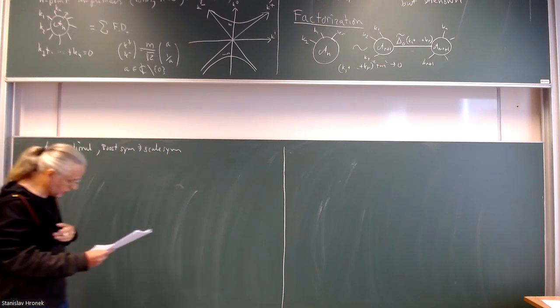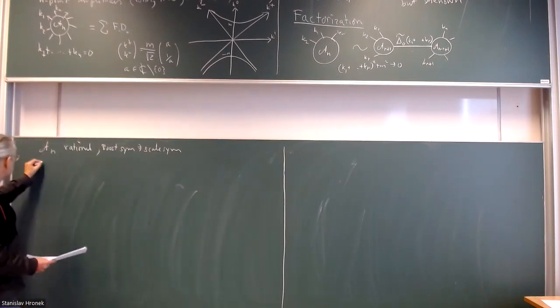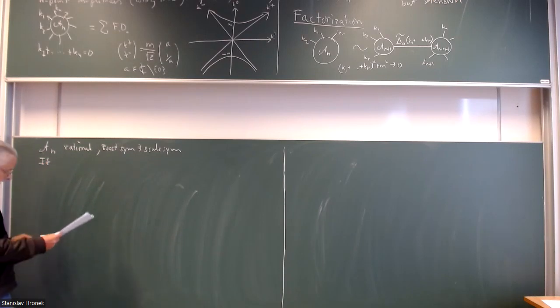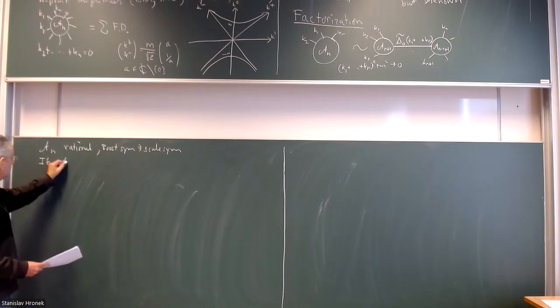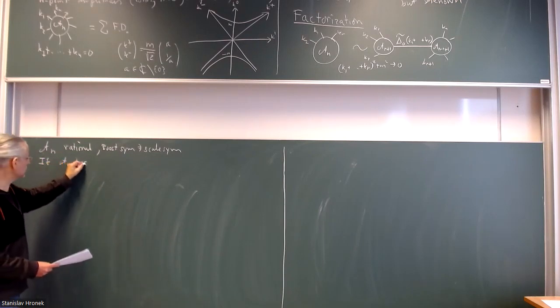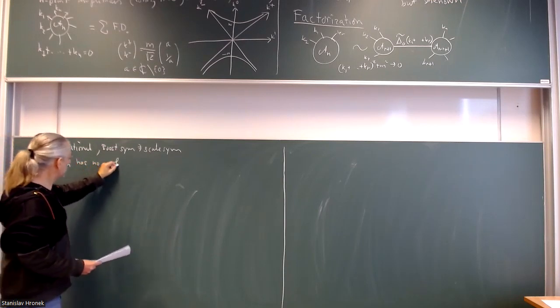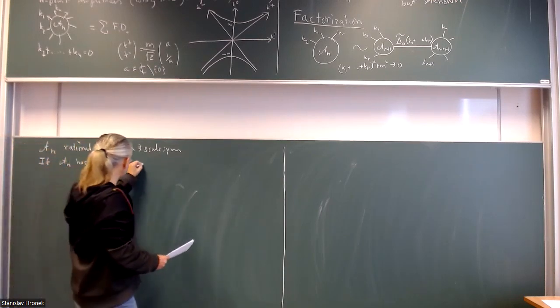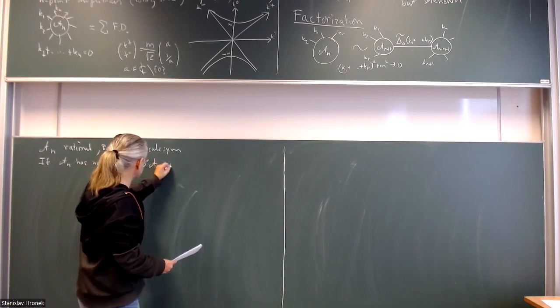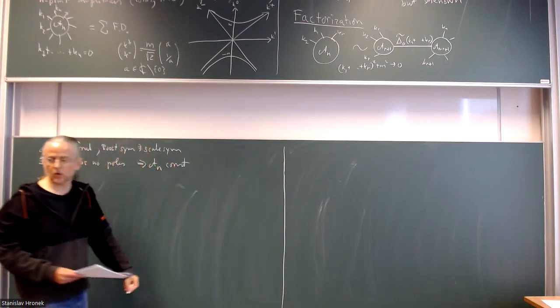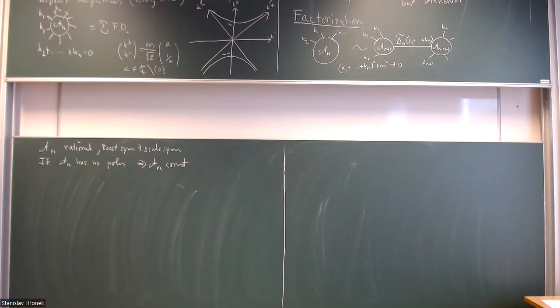And that led to the very convenient or useful statement that if An has no poles, then An must be a constant. And we used that all the time last time.